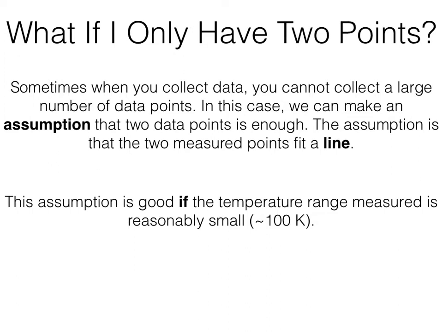And when this happens, we can make an assumption that 2 data points is enough. The assumption is that the 2 data points fit the line. This is only a good assumption for the Clausius-Clapeyron relationship if the temperature range measured is reasonably small, so within about 100 Kelvin.